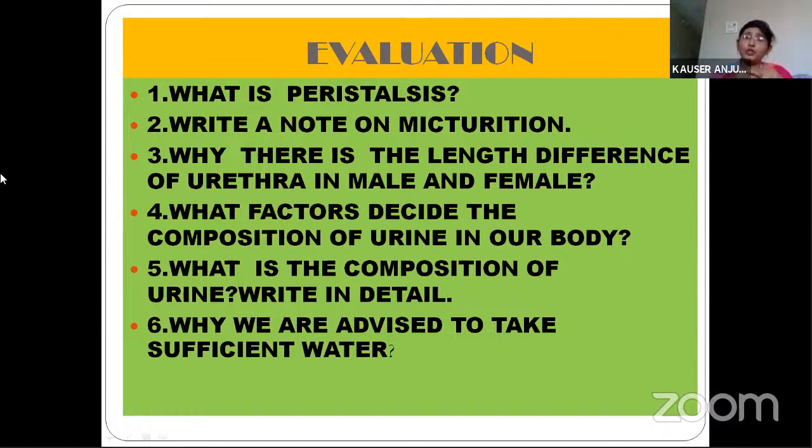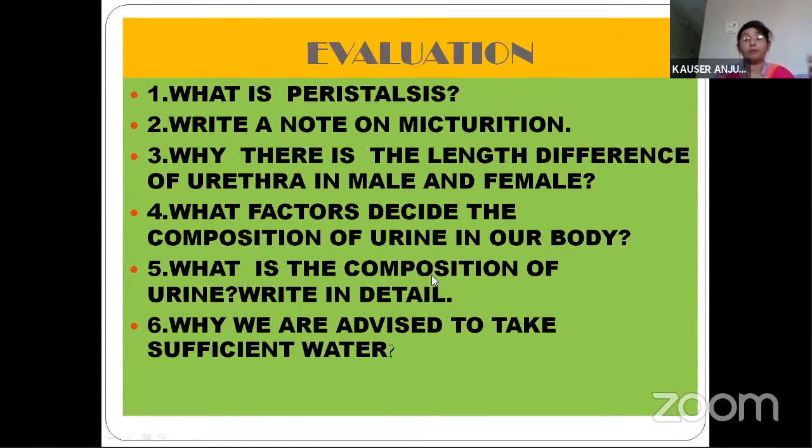And it also depends upon the health conditions. That is, if the person is suffering from any disorders like diabetes mellitus, then the lack of insulin is seen, and the sugar is found in both blood and urine. So urine composition depends upon many factors, but a few I have given as examples. Next, coming to the fifth question, what is the composition of urine?